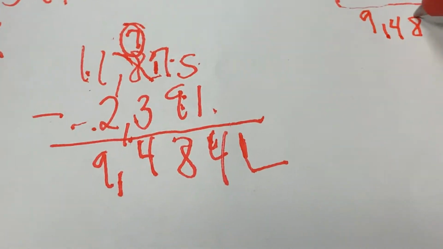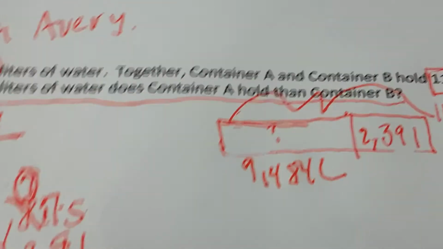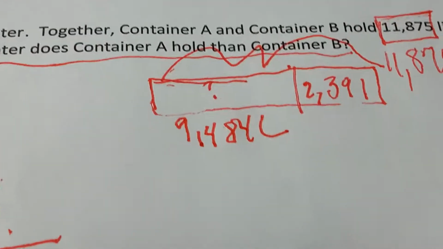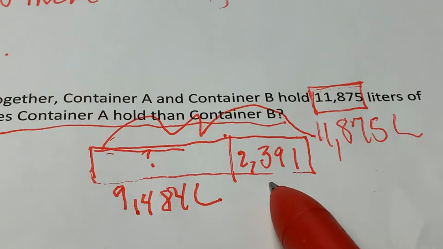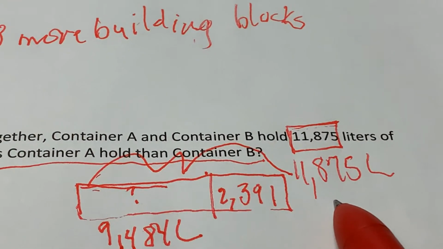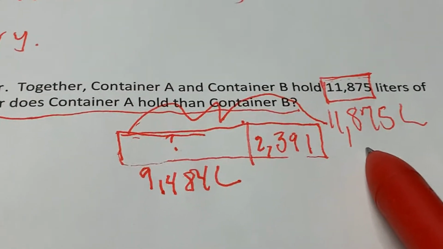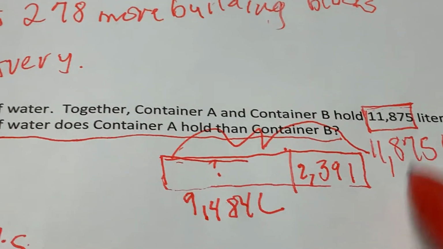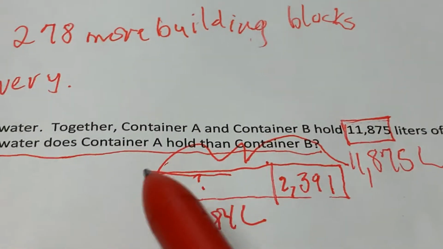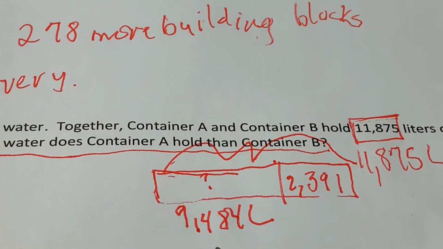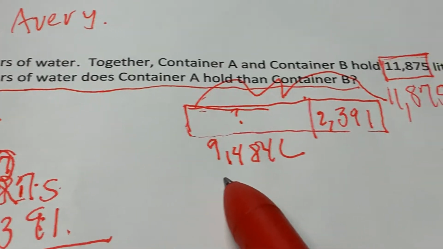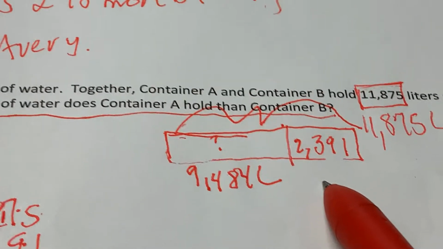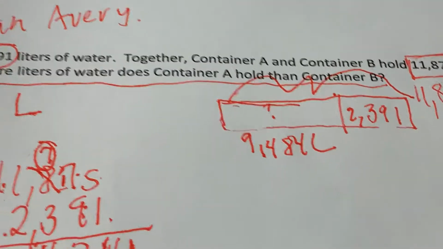So I'm going to put this near my tape diagram because this tells me that 9,484 plus 2,391 equals 11,875. But that's not what my question asks me. I've got to find out how many more liters of water does container A hold than container B. So if A holds 9,484 and B holds 2,391, I still have to subtract those two numbers.